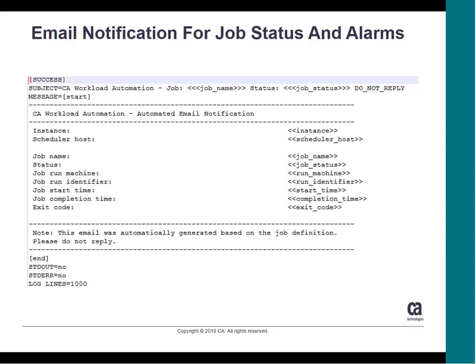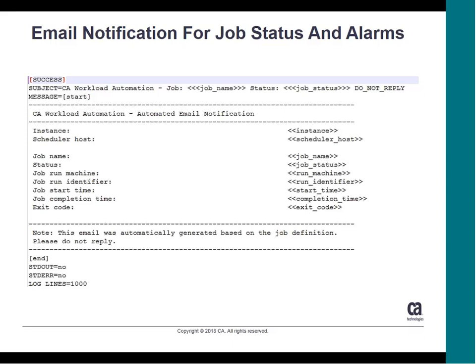The ones listed in the template are the standard variables which were available even before this feature. You can use the same notation and then put your GIL attributes, and those will be replaced with the job definition values. Even global variables can be specified, and those will also be resolved, and the actual global variable value will be sent with the email.